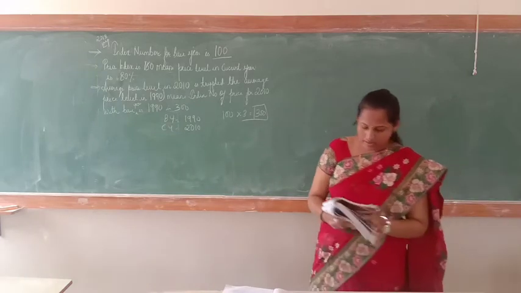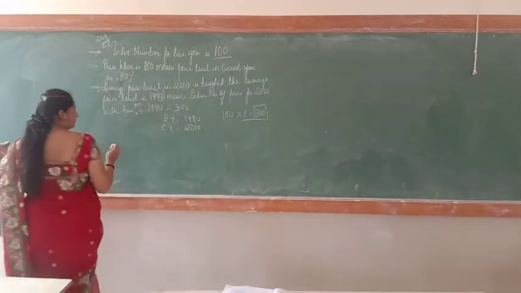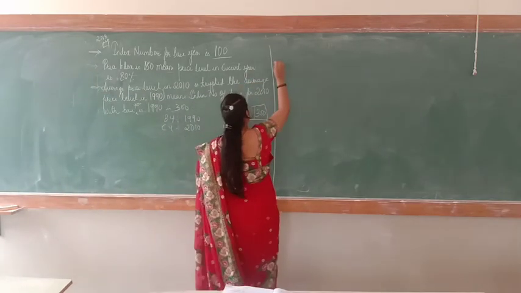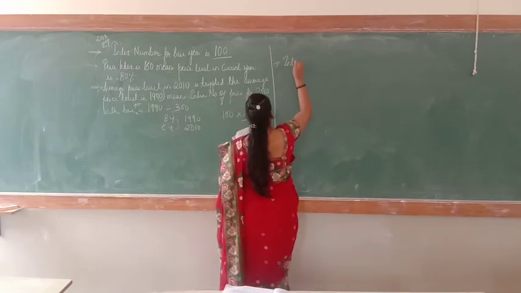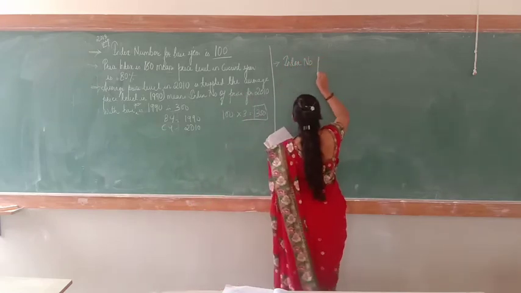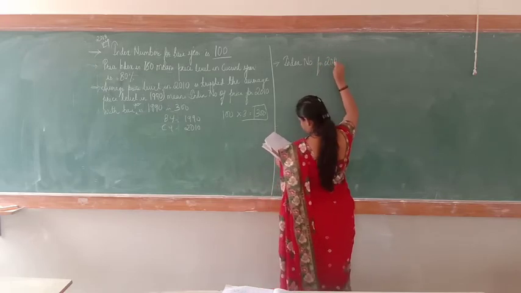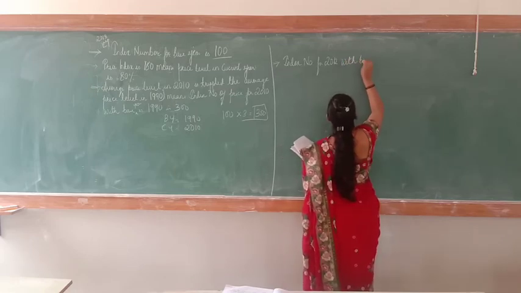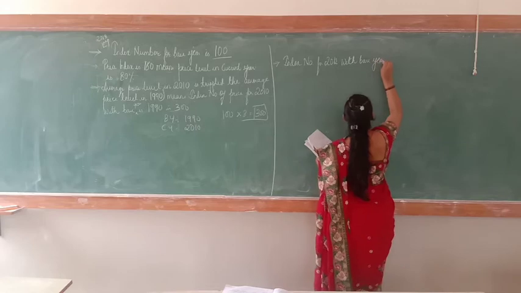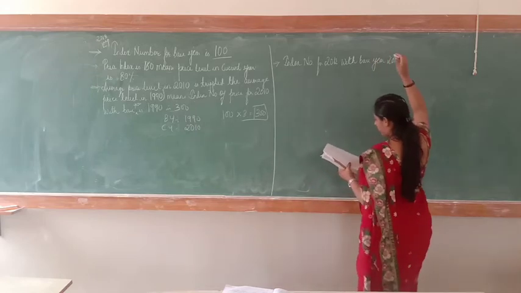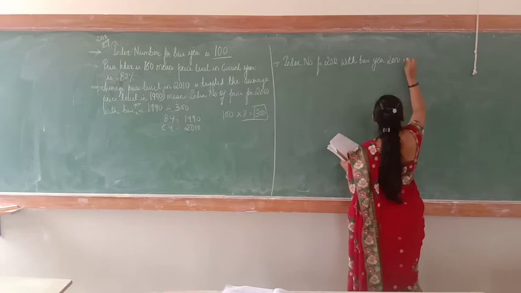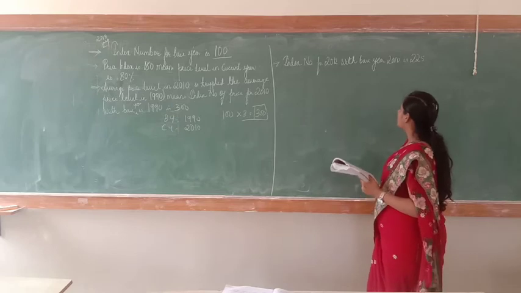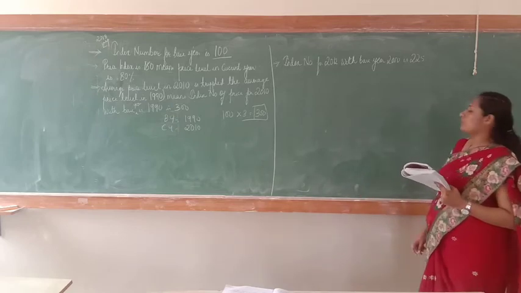One more I'll tell. The index number for 2012 with base year 2000 is 225.